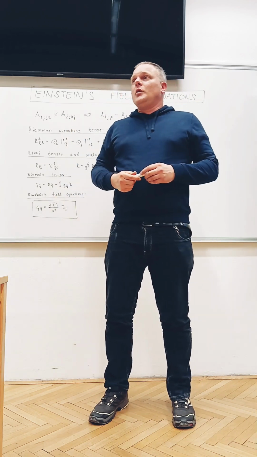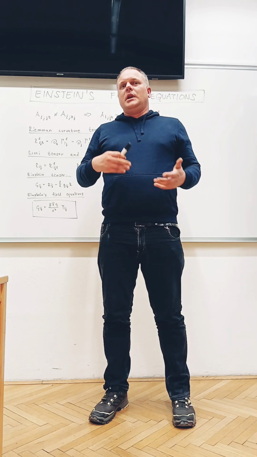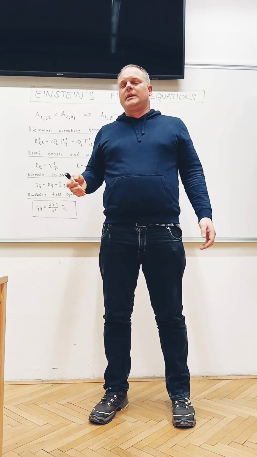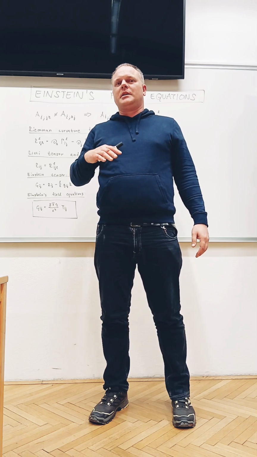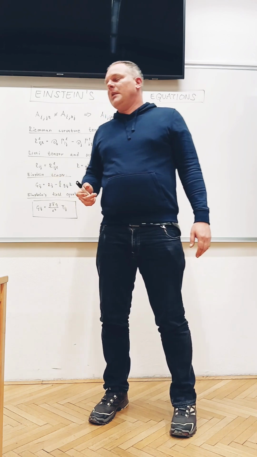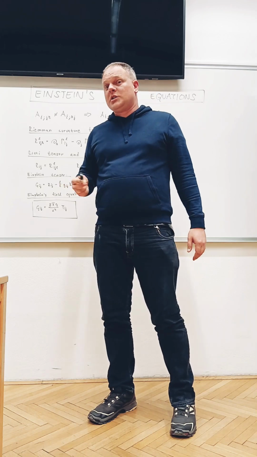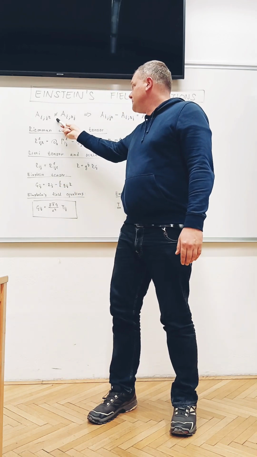And you know that a double partial derivative, partial x from y, is the same as if we turn around and say partial y for x. But in covariant differentiation, this is not the same.